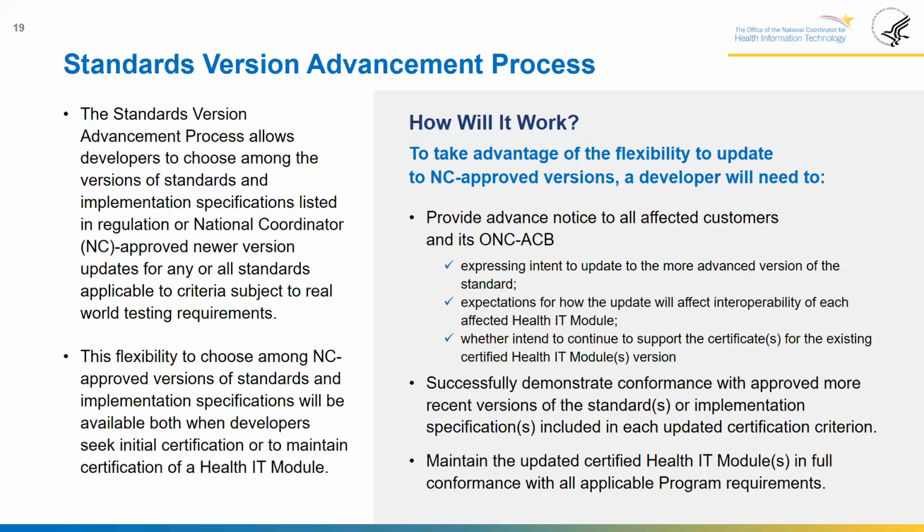And then through your real world testing plan, you would indicate your conformance with that new standard. Again, hopefully what this allows folks to do is move to some new standards as they become available and not have to completely wait for a brand new, for example, edition of certified health IT. Next slide.